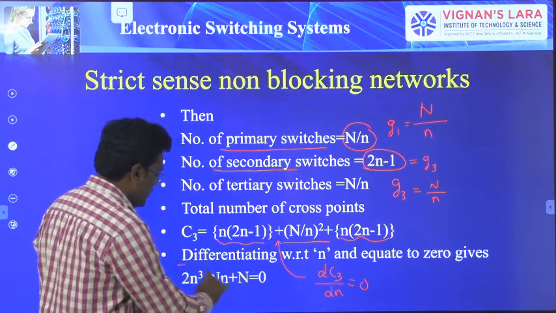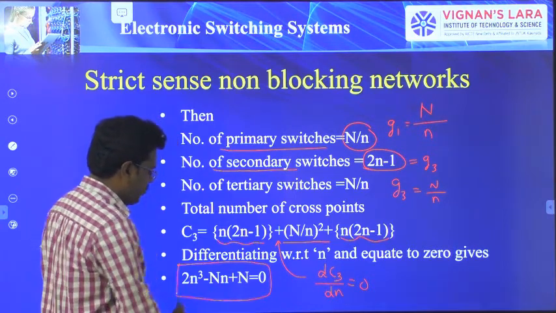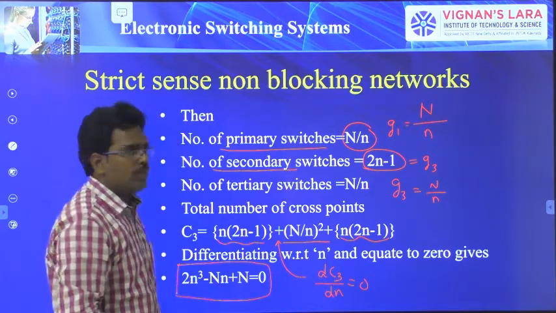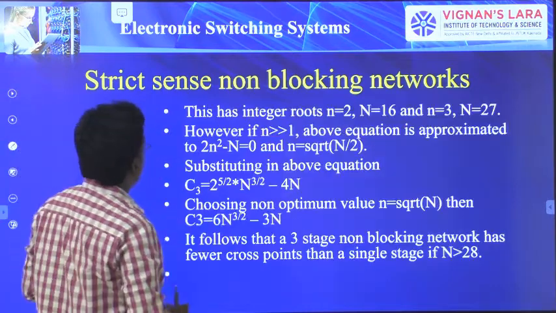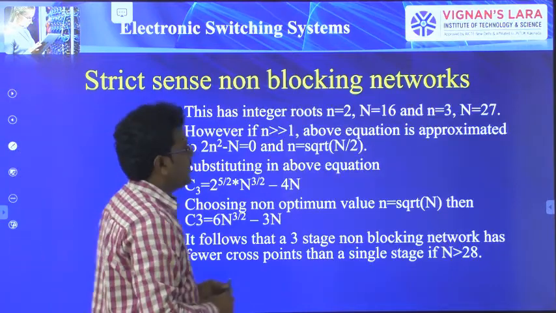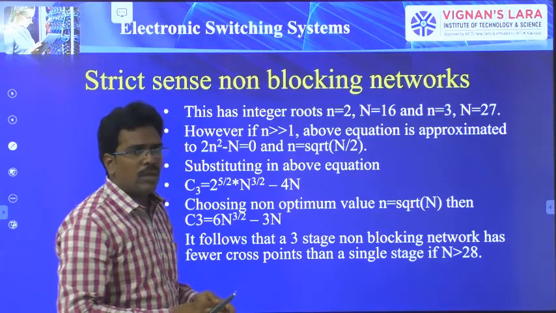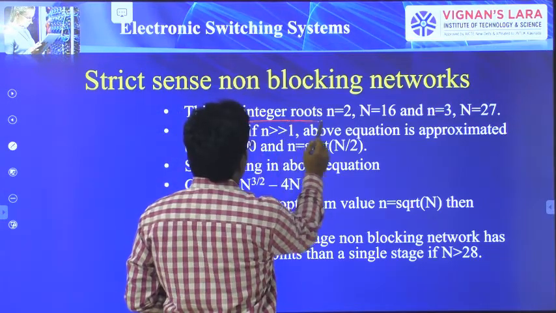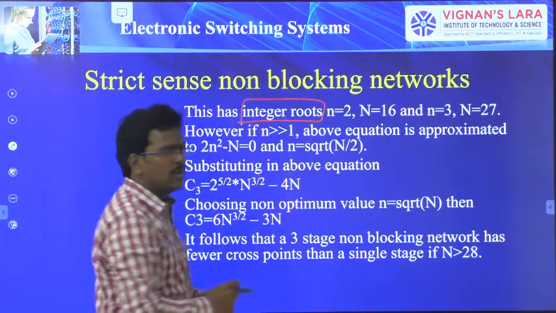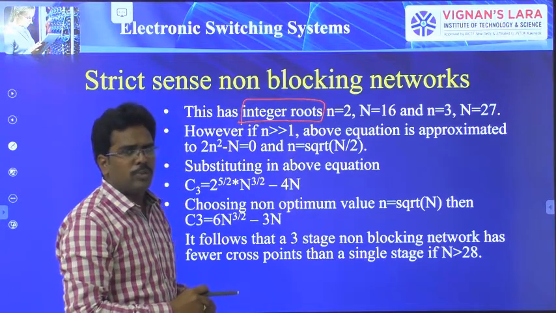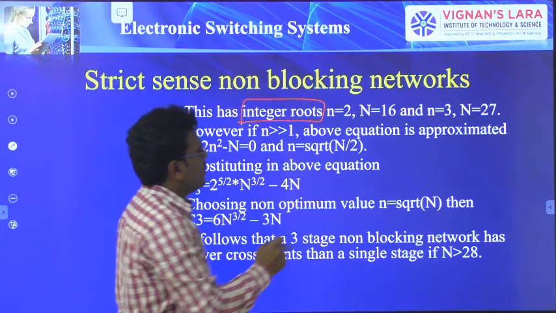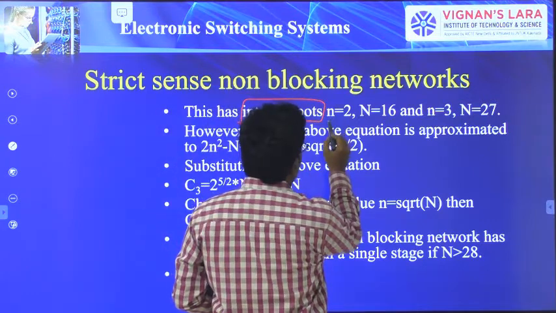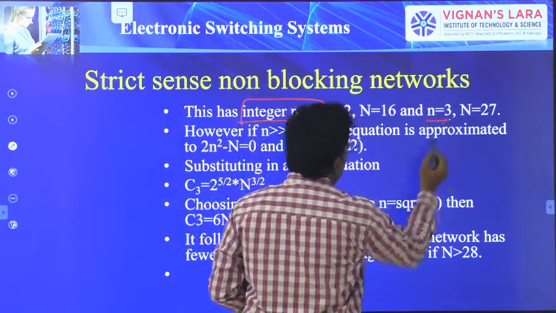It gives this expression: 2n cube minus N n plus N is equal to 0. Here, if you solve the equation, take only the integer roots. It may give some complex values also, but our objective is to take only the real integers. So n is equal to 2 is one integer and n is equal to 3 is another integer.